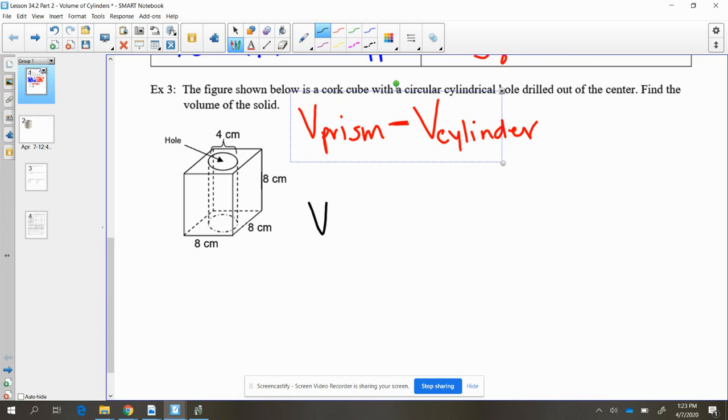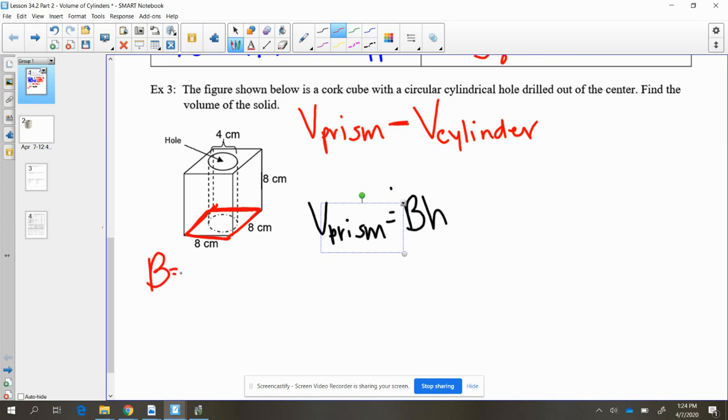Well, for the volume of the prism, to start, we know that that is the area of the base times the height. Looking at this cube, if we choose a side, I'm going to choose down here, this is going to be my base. The area of that base is length times width, which is 64 square centimeters.